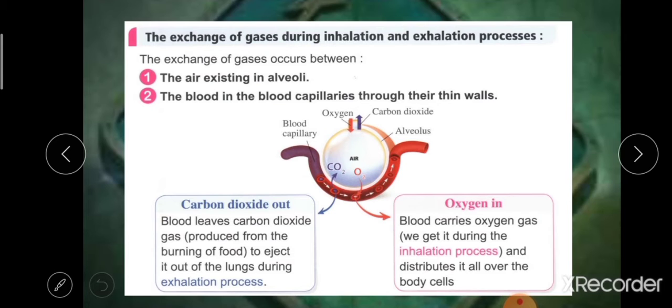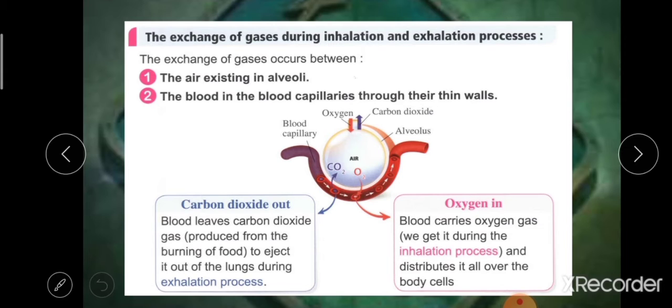The blood takes this oxygen and carries it to distribute it to all body cells. Inside the cell, burning of food occurs to get energy. So inside the cell, the respiration process occurs and produces carbon dioxide gas and water vapor.